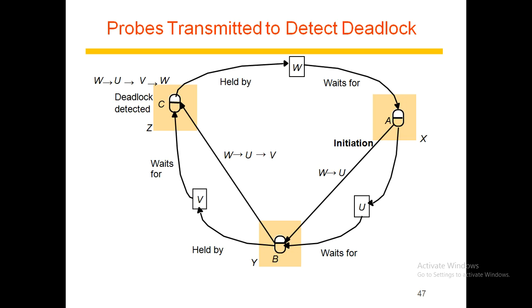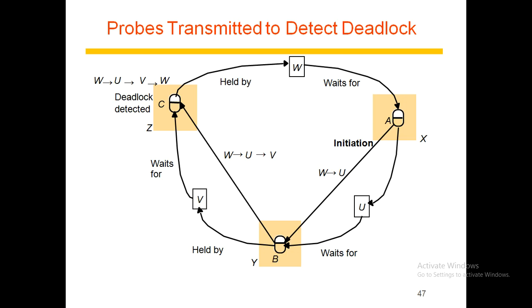Server Z receives the probe W to U, U to V, notes C is held by W and appends W to the probe to produce W to U, U to V and V to W. This path contains a cycle. The server detects a deadlock.